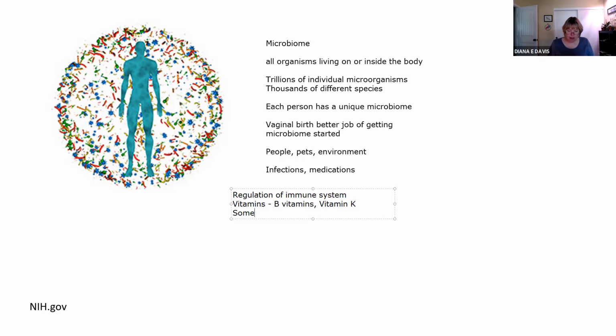They also provide some amino acids and some what are called fatty acids, which make up lipids or fats. Again, these are things that we can't manufacture. And this microbiome in our gut either manufactures these directly or modifies our food to allow us to take them up and absorb them.